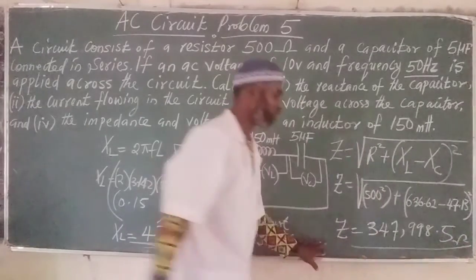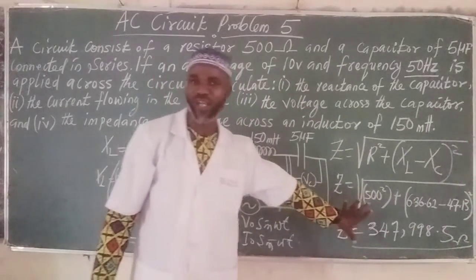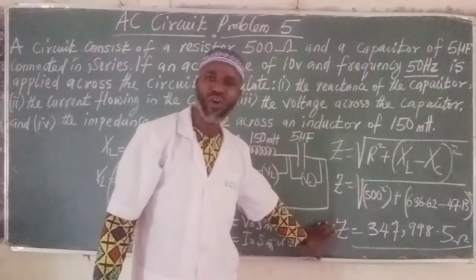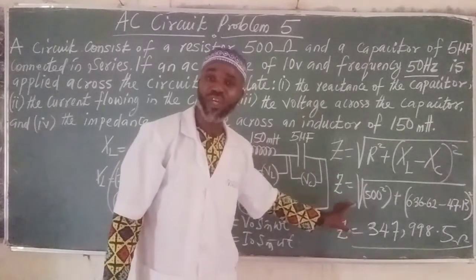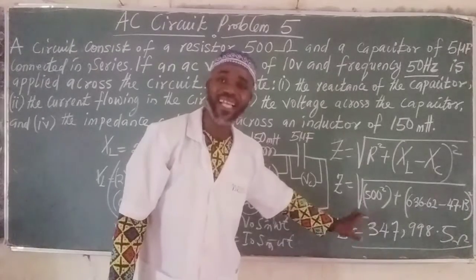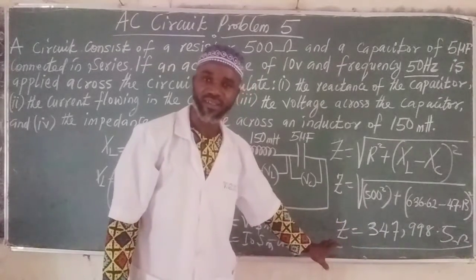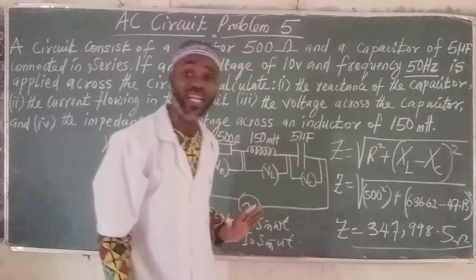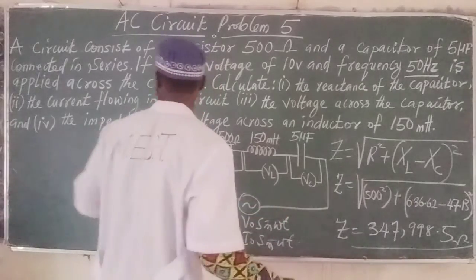Can you see? That's a very big value. Can you see the amount of impedance being offered in an AC circuit against the flow of current? That's great. So we have finally succeeded in finding the impedance.